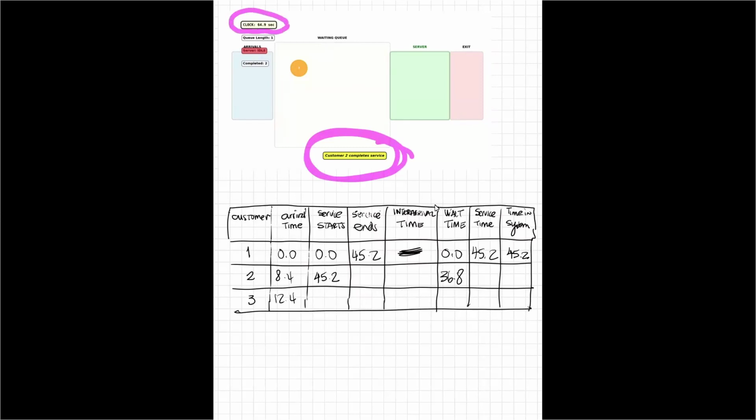Okay, so with that information, we can go ahead and annotate here, write down 64.9. Oh, we also had the inter-arrival time, right? 8.4 and 4. That was from before. I'm not adding this. That was on the table already.